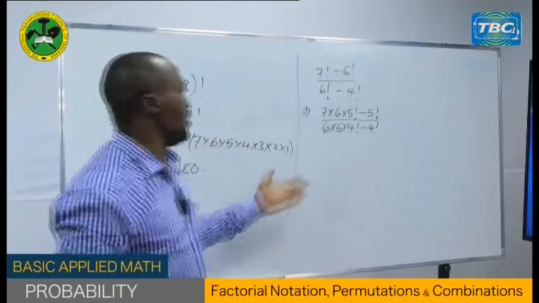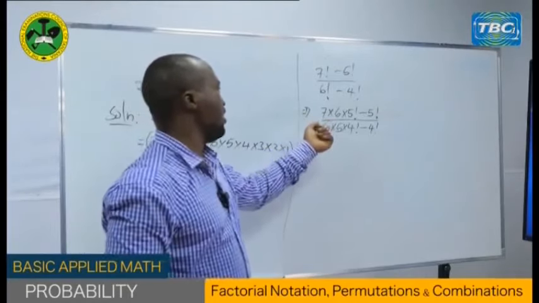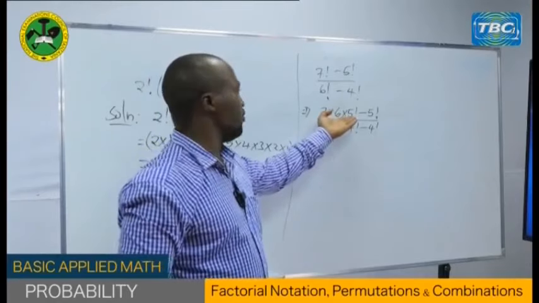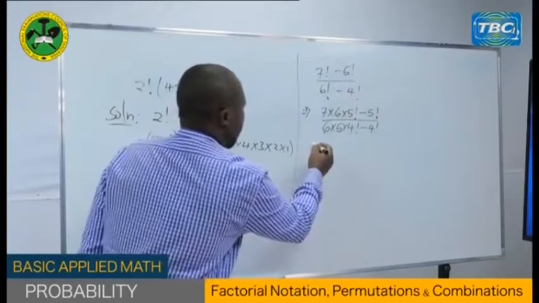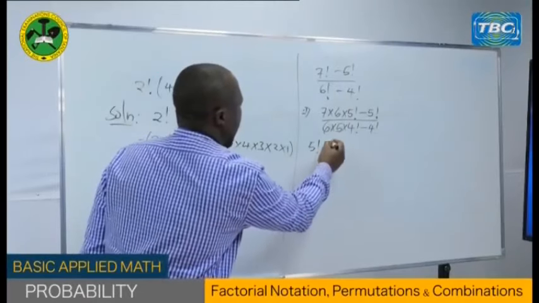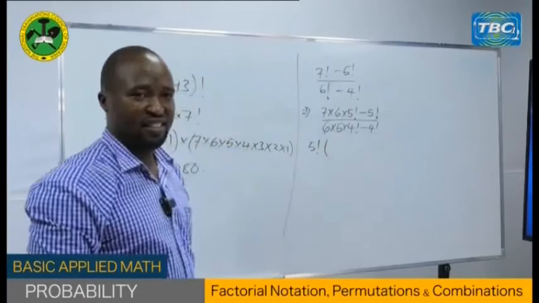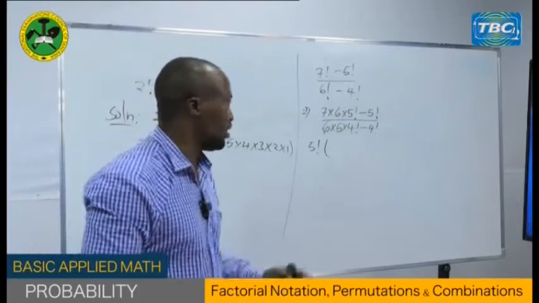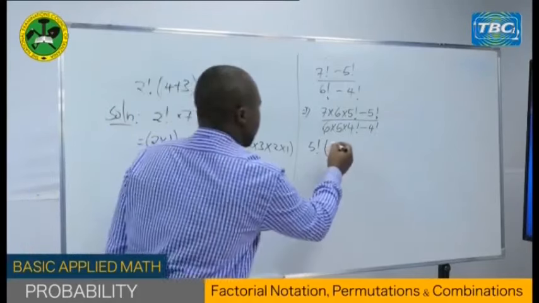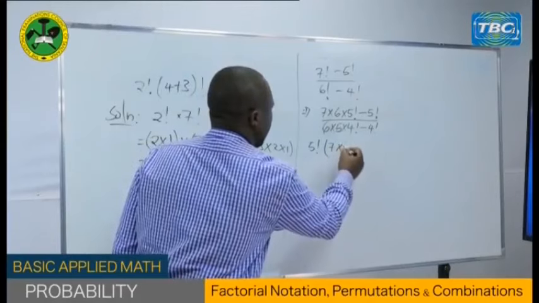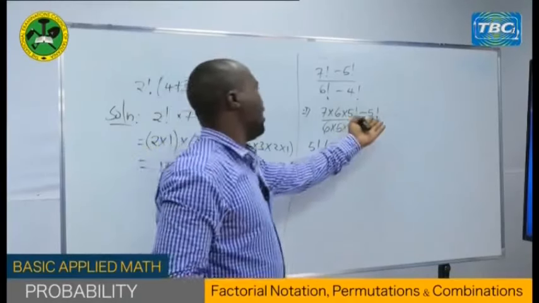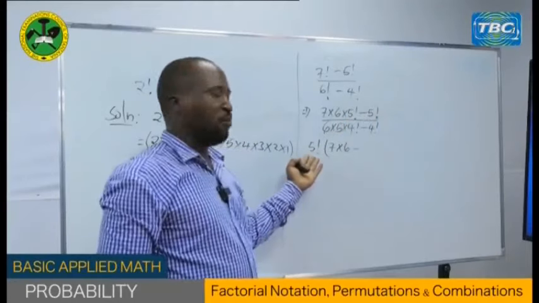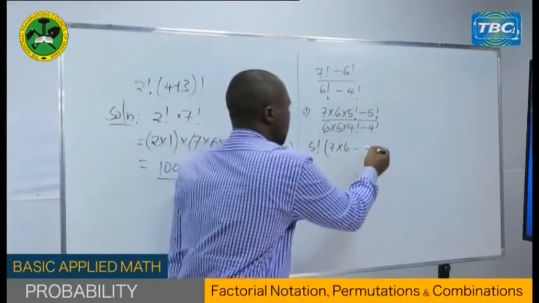Now you can see for the numerator side, we have 5 factorial, and the last one is 5 factorial. It means you can write 5 factorial out of the bracket. My dear student, what will remain here? It will be 7 times 6 minus 1, because 5 factorial is out of the bracket.